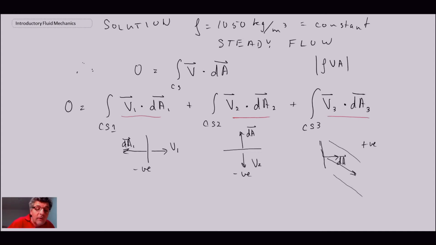So with that, what we can do is we can rewrite the continuity equation in this manner.